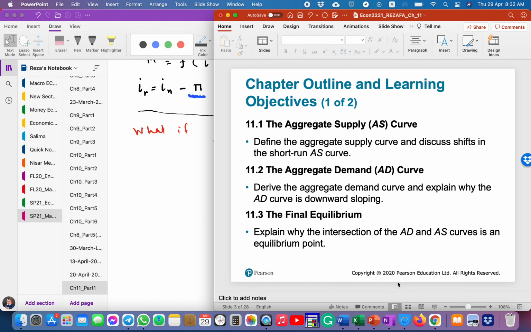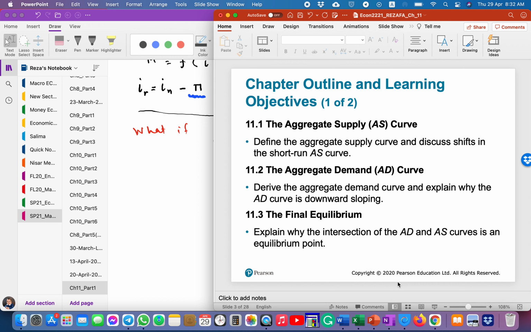Is it upward sloping or downward sloping or vertical, etc.? And then we move to explain the aggregate demand. Aggregate demand is mixing the equilibrium of the money market and goods market simultaneously. So if the price changes, how do both markets remain in their equilibrium?